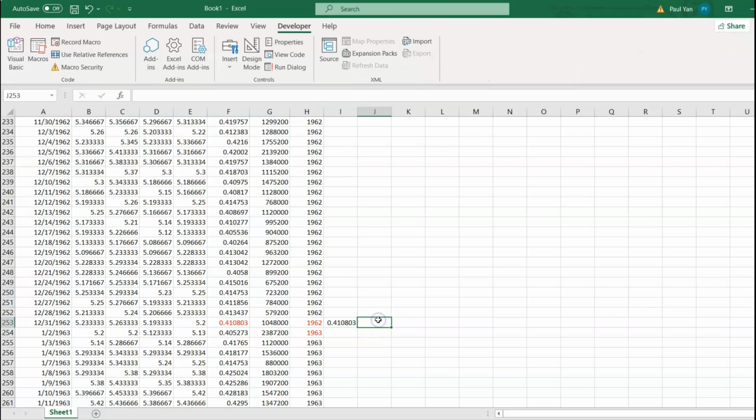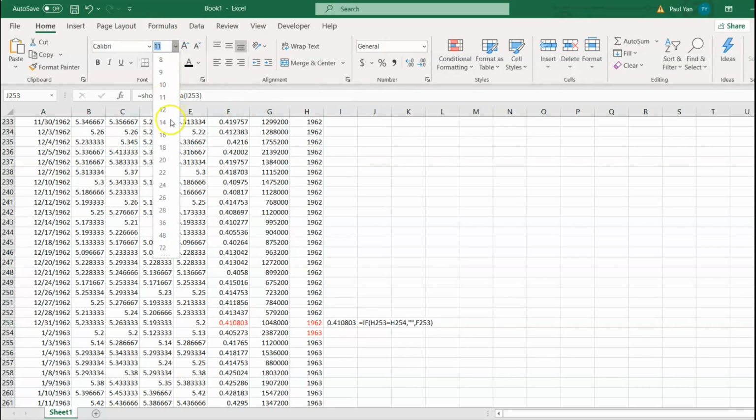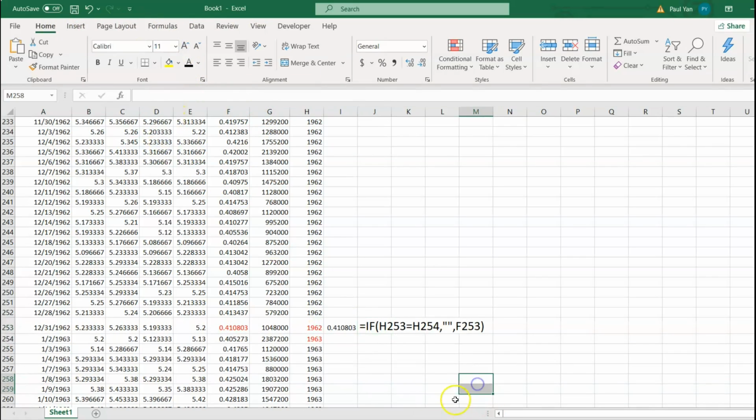So we can use show formula to show the formula here. Okay, so this is the formula.